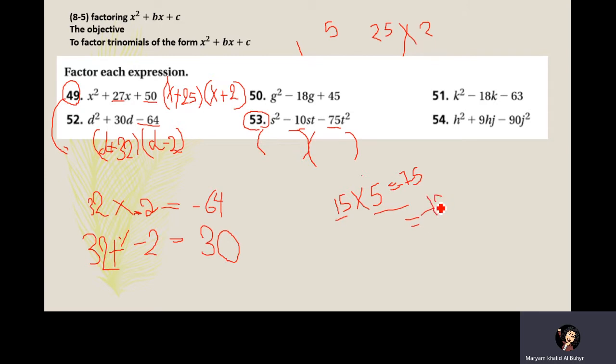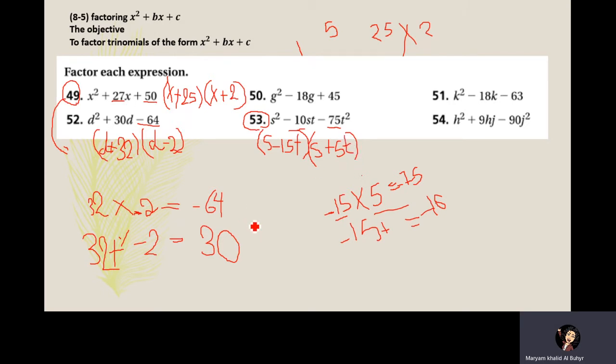So since I have negative 10 here, that means I must put my 15 here with my negative, because 10, I have it negative, so I will put my negative with the larger sign. So s minus 15. Don't forget, if you have another variable t, put the t here in the other side. So s plus 5t.